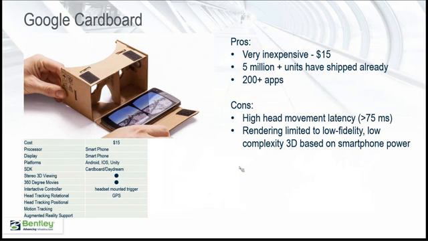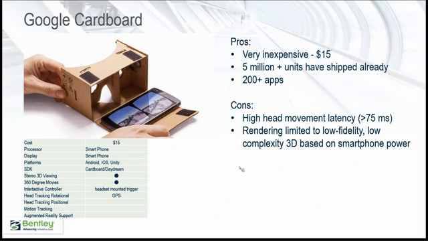Okay, so let's talk about each of these devices quickly. The most predominant VR device out there today is the Google Cardboard device. It's extremely inexpensive, only around $15. It works with both Android and iPhone. Over 5 million units have shipped, and there are over 200 apps.